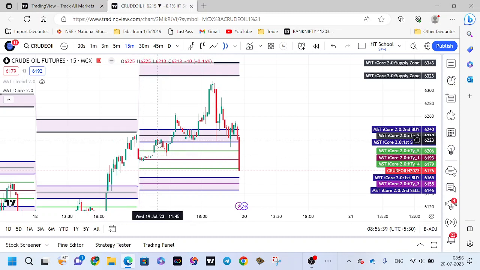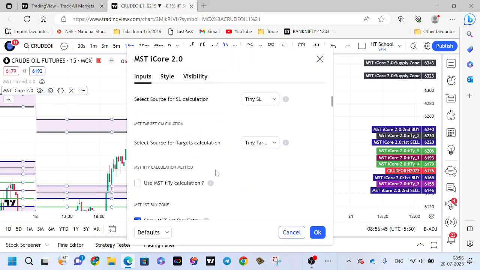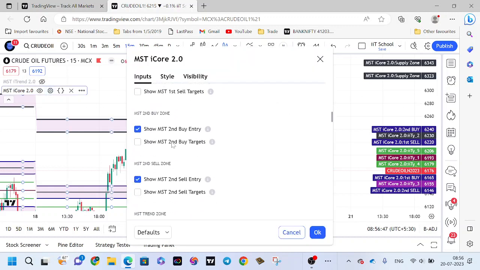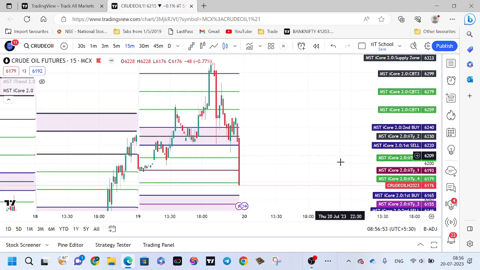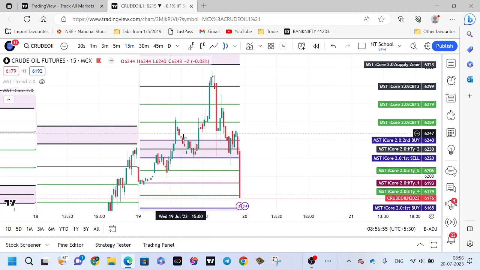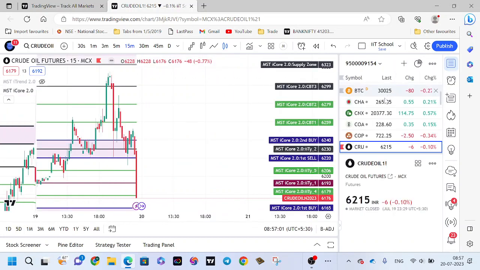First sell activated, target hit. Then buy activated, target hit. Where is the buy target? Second buy target. Come here. Here you can see second buy targets. So all the three targets hit before hitting the stop loss. See, buy target. Then it has taken support from here and targets hit. So this is what happened in the crude oil.